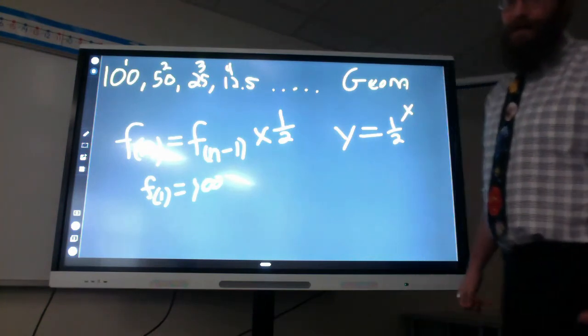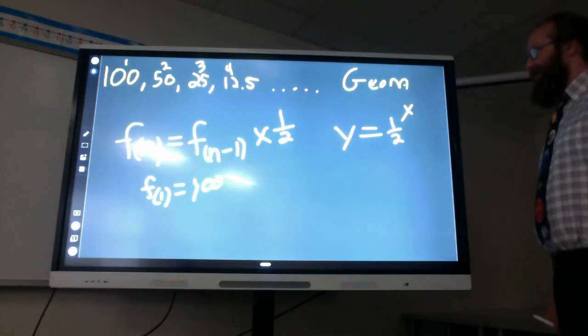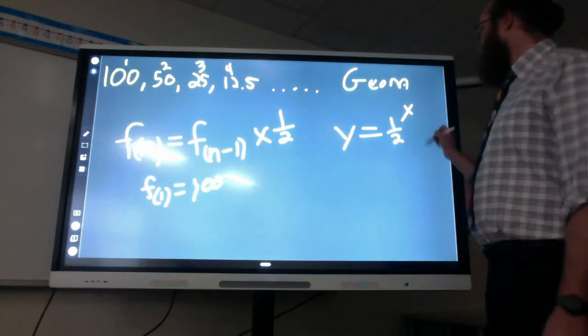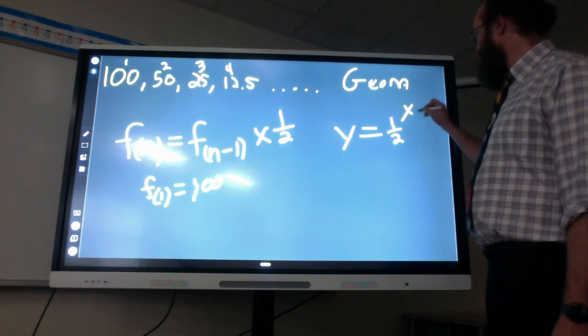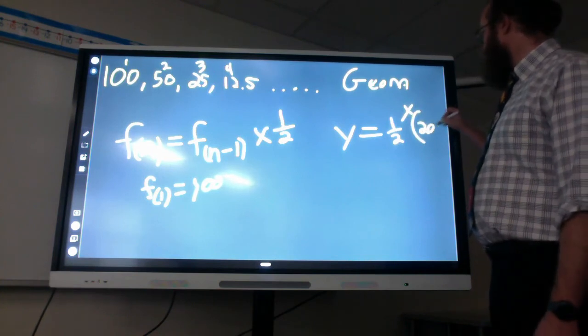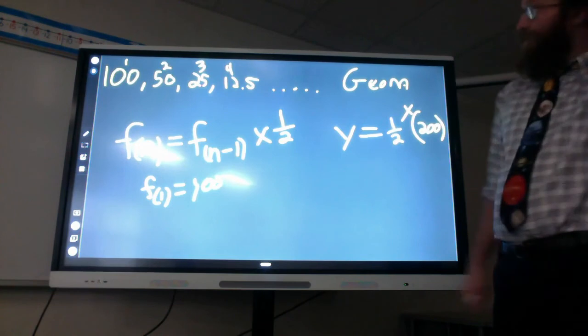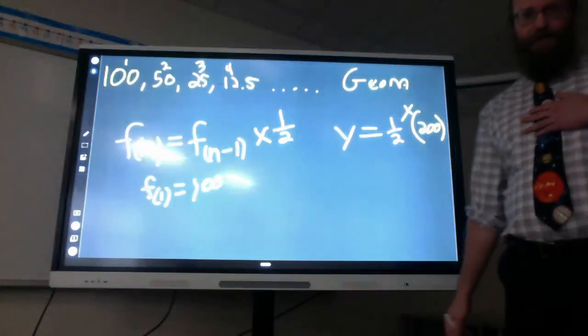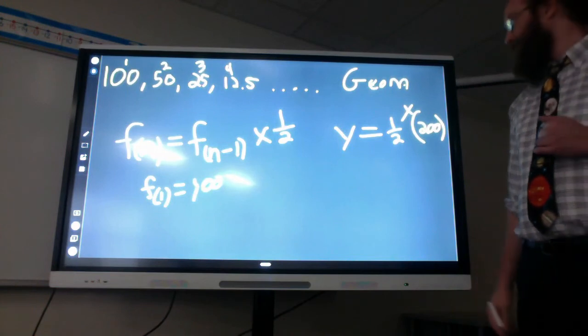So what do we need to multiply this guy by to get to 100? If we were multiplying by 1/2, our first value would be 200, right? Because if we multiply 1/2 times 200, we would get 100, which would be our very first value.